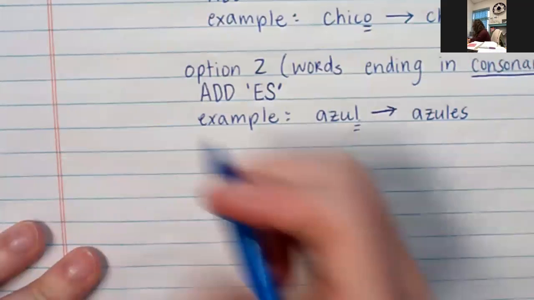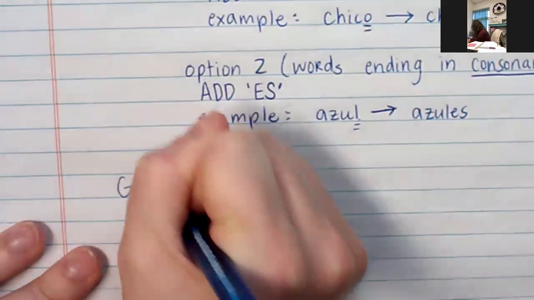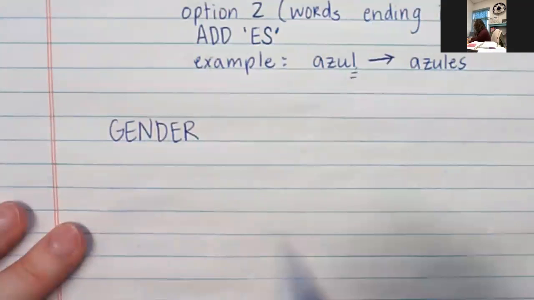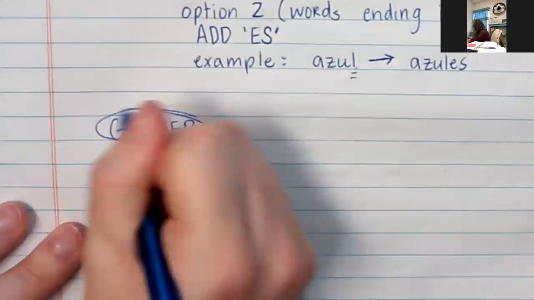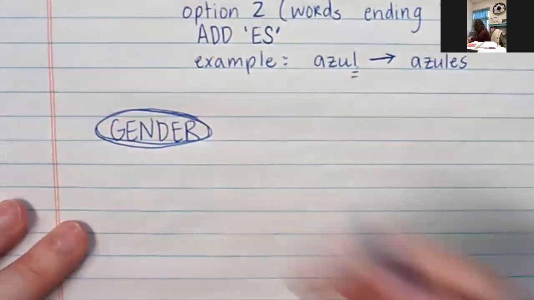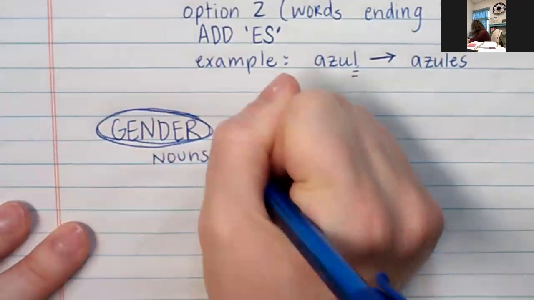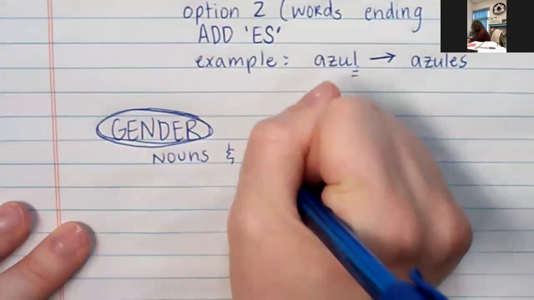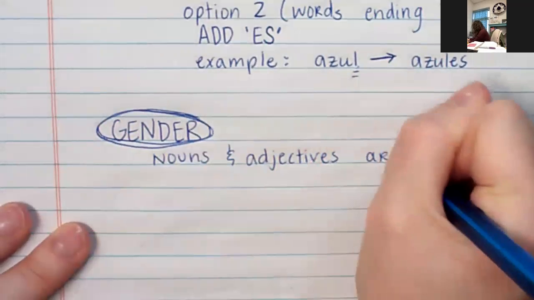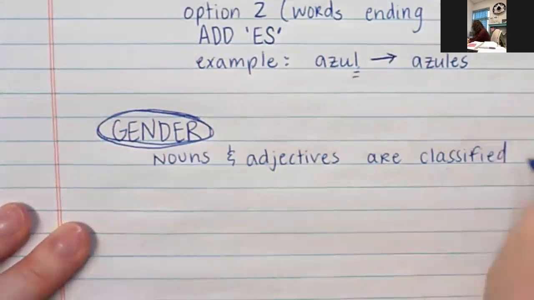Now let's talk about gender. So this is our second classification. Nouns and adjectives are classified as either masculine or feminine.